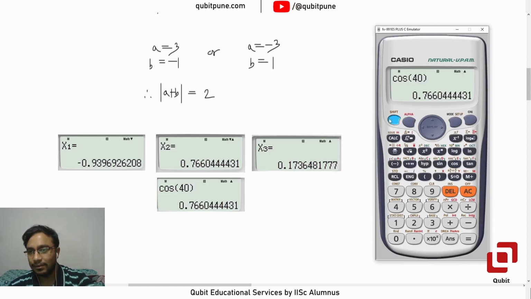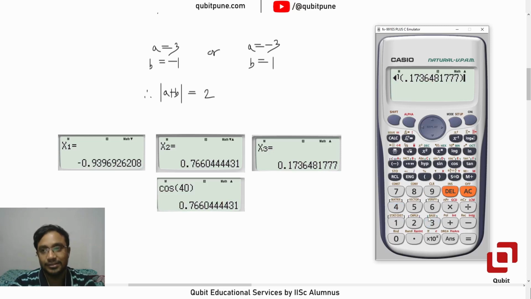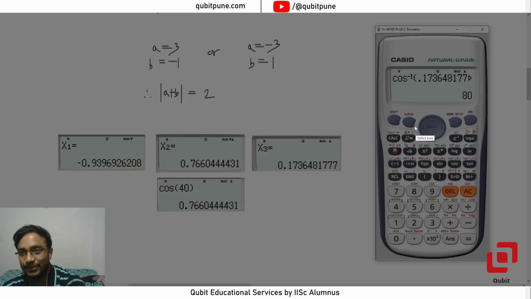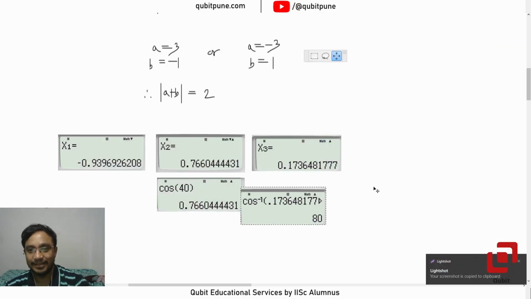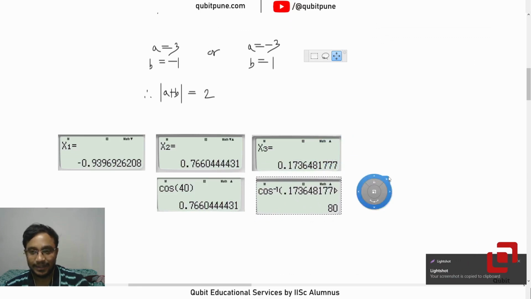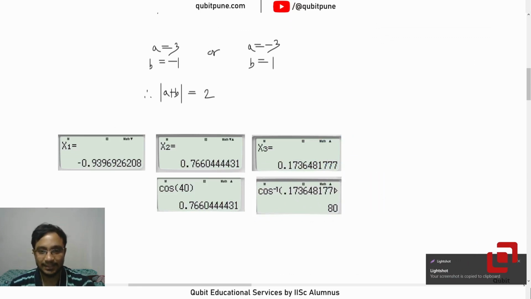Cos inverse of 0.1736481777. See, I'm typing all the digits because we might get the exact angle. That's 80. Nice. So this angle is 80. And now let's find out this angle.